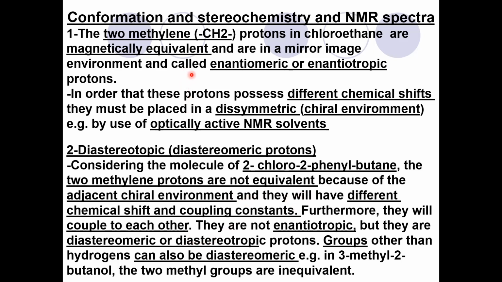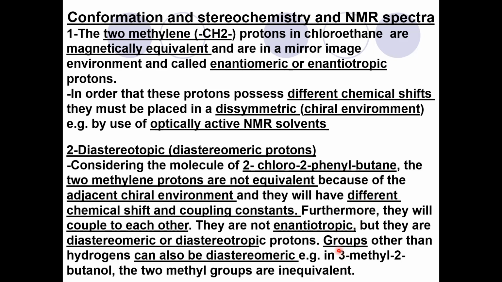In the first case, they are called enantiomeric or enantiotopic protons. For example, in the case of 2-chloro-2-phenyl-butane, the student is asked to draw this structure and figure out how the methylene protons in this case are different.